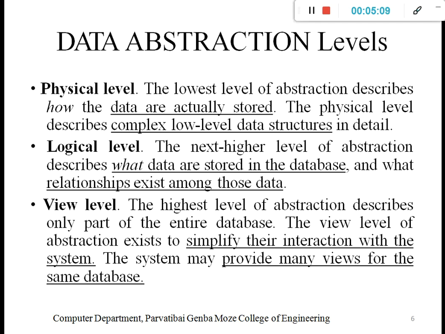Next, the data abstraction levels, one by one. First is the physical level. Data are actually stored under the physical level. The physical level describes complex low-level data structures in detail. That is how a particular hard disk or hard drive stores the data in a particular format.